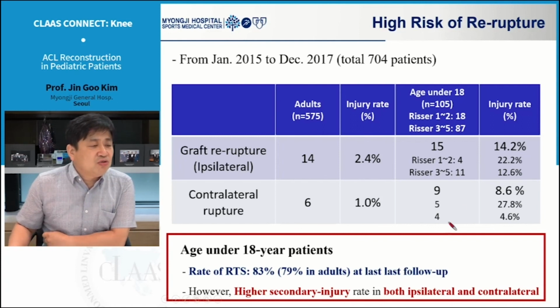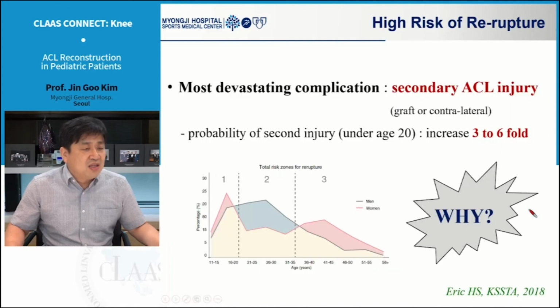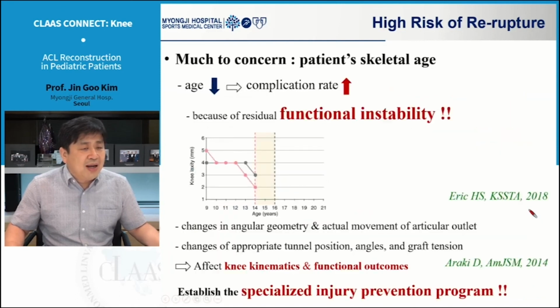And what about the contralateral rupture? Only 1% in the adults, but 8.6% for the adolescent group. So the rupture rate of the graft and the contralateral rupture is significantly higher than in the adult group. This is the problem. So why?